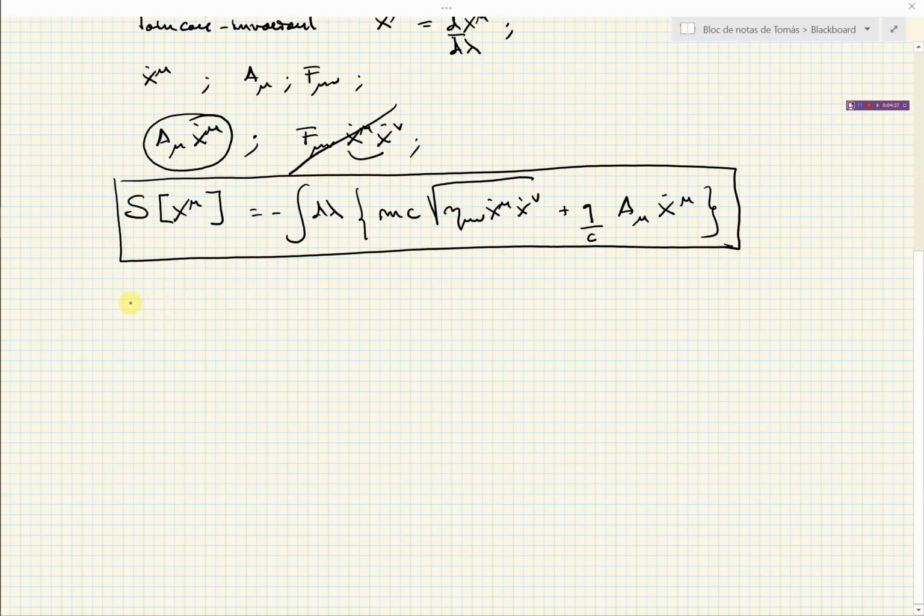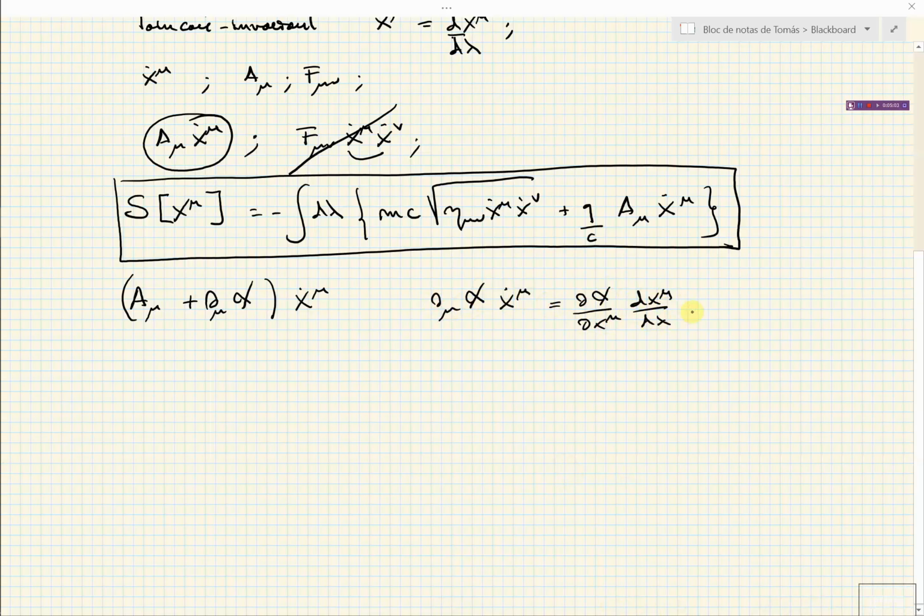And if I replace A mu by A mu plus d mu of chi, and this is contracted with x dot mu, the new term that I get will be d mu chi x dot mu. But using the chain rule, observe that this is just d chi over d x mu times d x mu over d lambda.